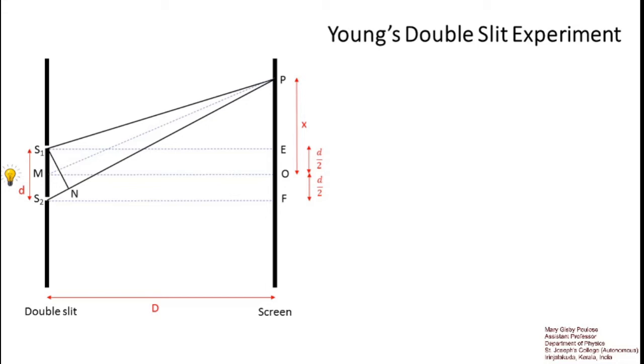Now let us draw a normal from S1 to S2P, with foot N. The angle made by the optic axis with MP is defined as theta. If this angle is theta, then the angle S2S1N will also be theta.